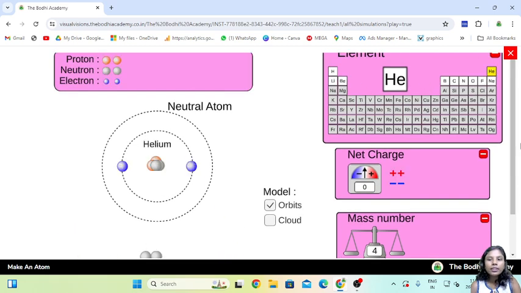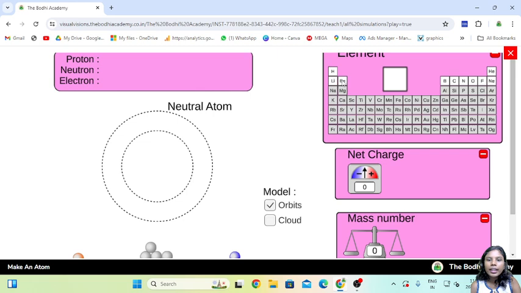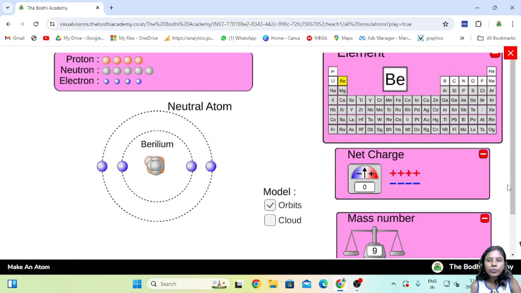Now let's look at helium over here. Helium has 1, 2 protons, then it has 2 neutrons and it has 2 electrons. Now let's move ahead and look at beryllium.